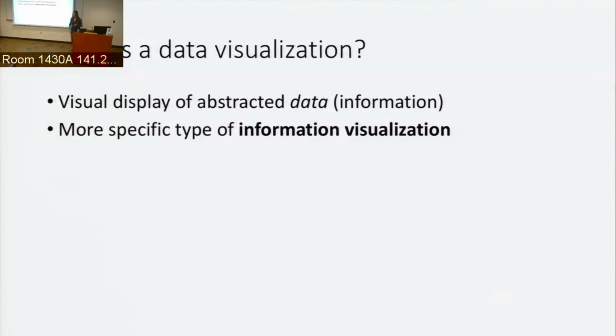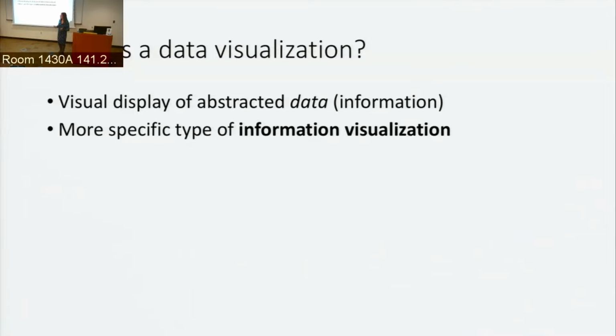So we'll back up and just start with what is a data visualization. So this is a term that's kind of caught on more recently, but it used to be called graphs, right? When we talk about graph comprehension or graph design, data visualization is kind of a newer term, and it's actually a subset of something more broad referred to as information visualization.